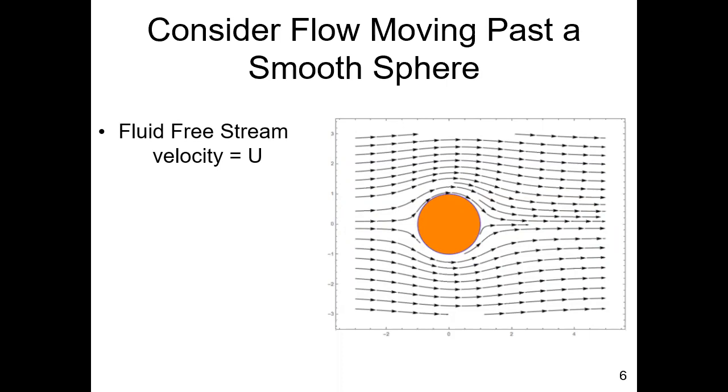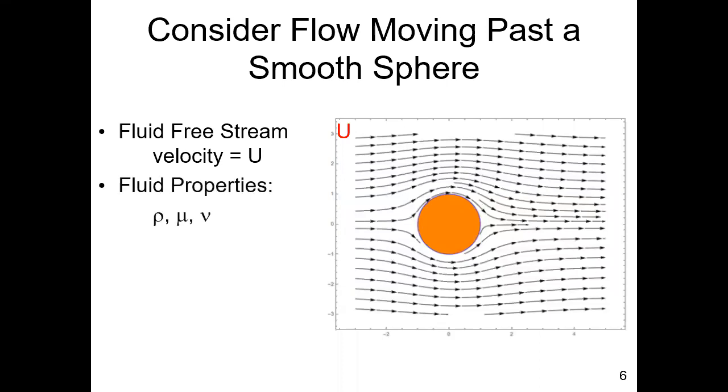So again, for this definition, and you're going to see this on the next 20 slides, basically this system: we're going to have a free stream velocity, capital U, just like we did for the flat plate. Only now, instead of coming onto a flat plate, it's trying to go around a sphere. There's a leading edge and a trailing edge to the sphere. The sphere is sitting still, the fluid is moving by it. As soon as the fluid comes in contact with the sphere, the no-slip condition is operative and a boundary layer starts.